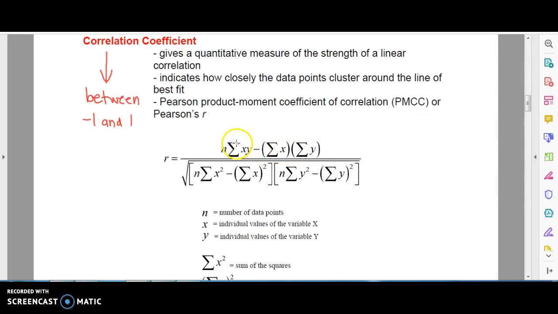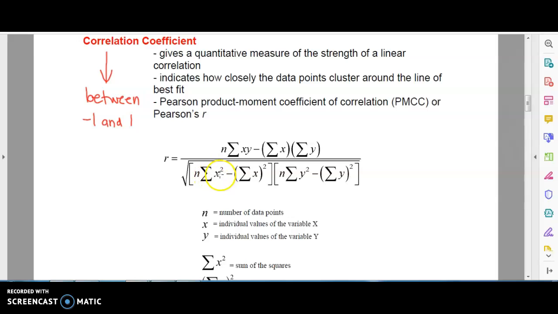Remember, this thing that looks somewhat like a capital E, or sigma as it's called, means sum of. So this is the sum of all your x's multiplied by y, subtract the sum of all your x's times the sum of all your y's. Here, take all of your x values, square them, and then add them.